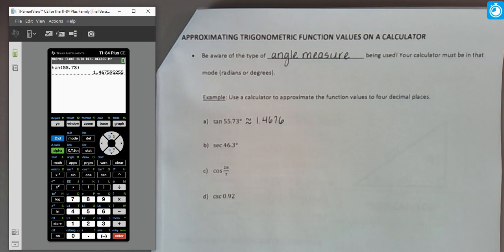Now here's again where we're going to have to be careful. Right above cosine, it says cosine with a superscript of -1. You may be aware that in some cases a superscript of -1 means take the reciprocal, so you may think, okay, that's going to be secant, right? Because that means we're going to take the reciprocal of cosine. That is not the case in this situation.